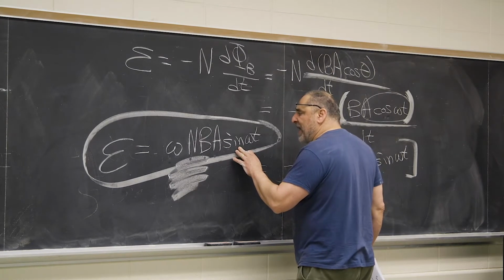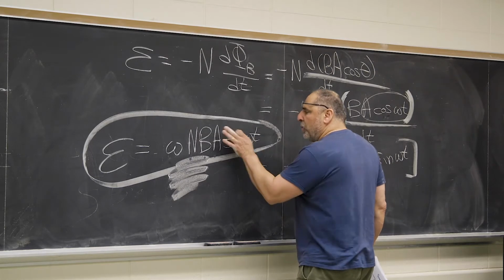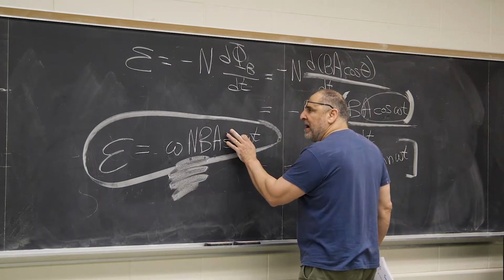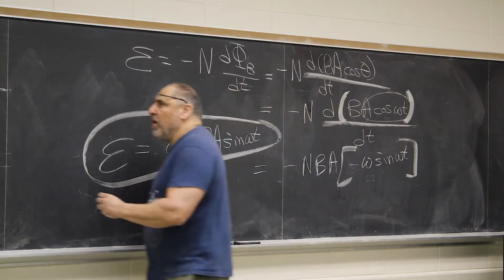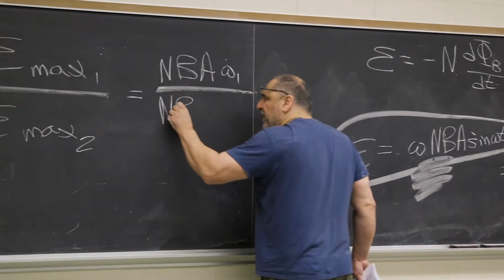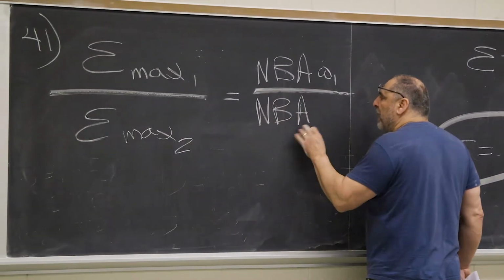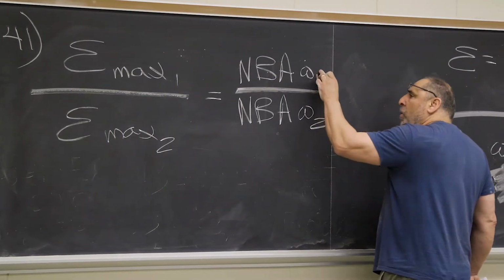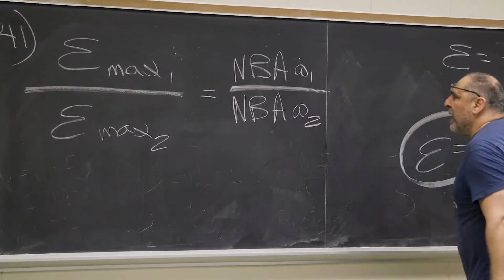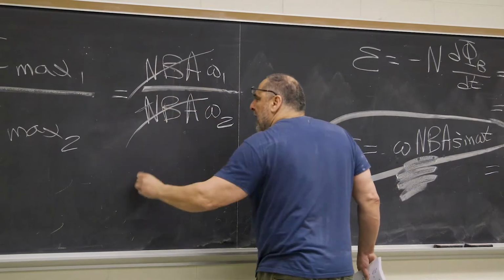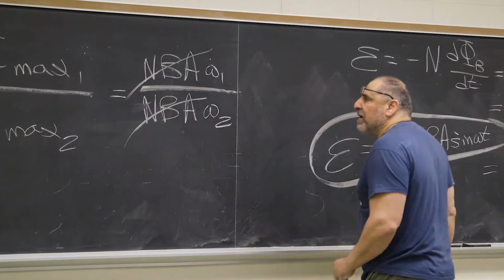The biggest value that the sine can have is 1. If it's 1, then it's omega NBA, or NBA omega. So it's the same number of turns, same B field, same maximum area, but one's got an omega 1, one's got an omega 2, and that really runs the show, you guys.